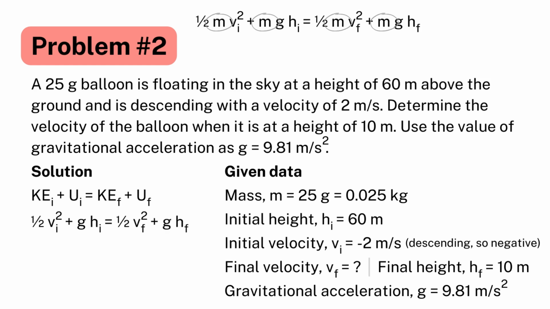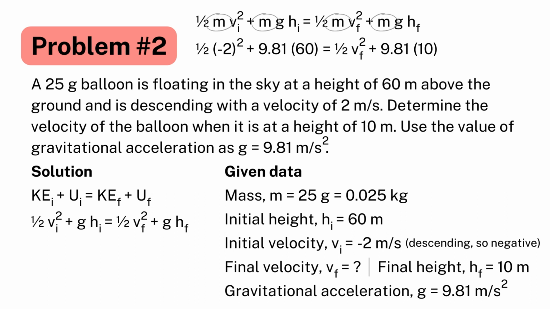Write as half multiplied by minus 2 square plus 9.81 multiplied by 60. Now v final equals question mark, so write that v final part as it is and write is equal to half v final square plus 9.81 multiplied by 10.